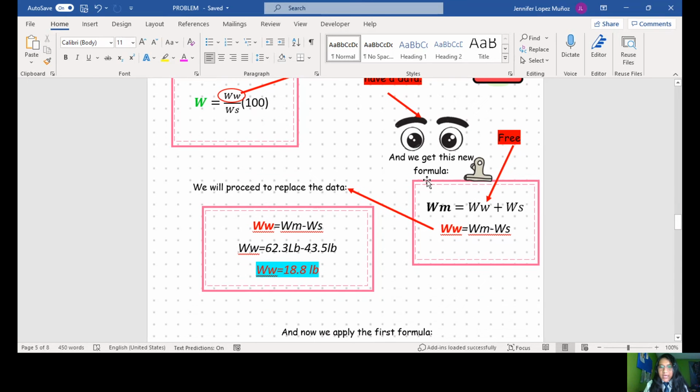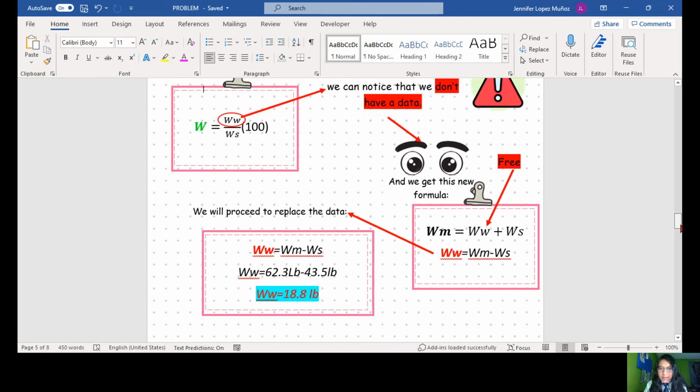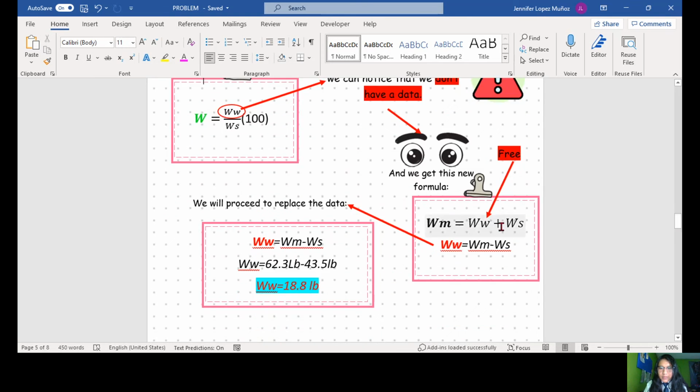Then we get this new formula corresponding to the water weight.